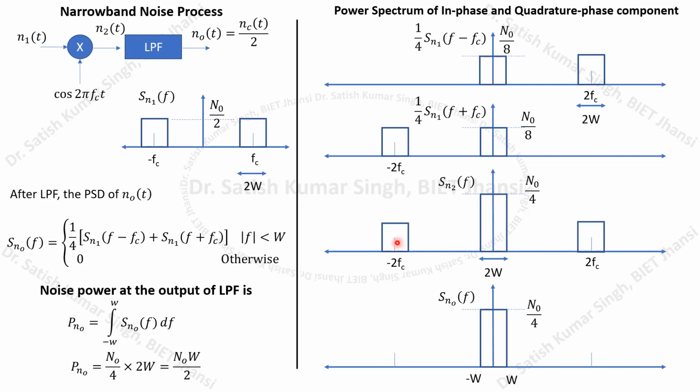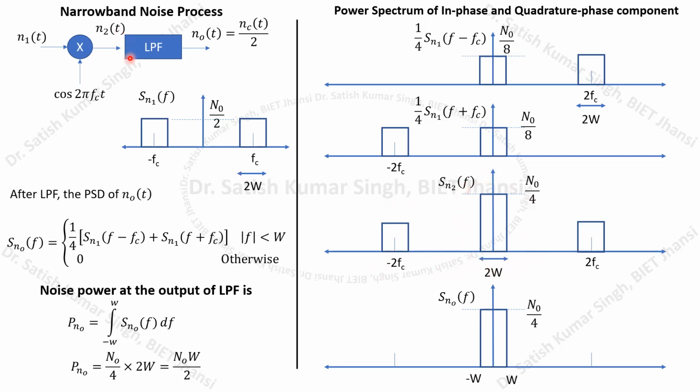Once we get this PSD curve, if you pass it through a low pass filter of bandwidth W, these two frequency components will be rejected, and only this portion is allowed to pass.